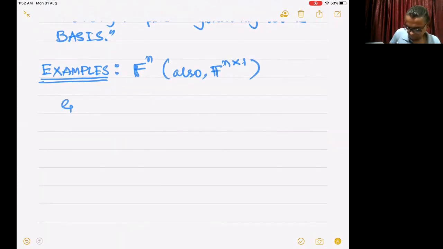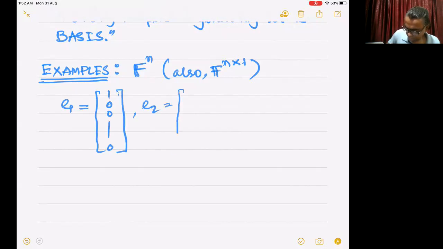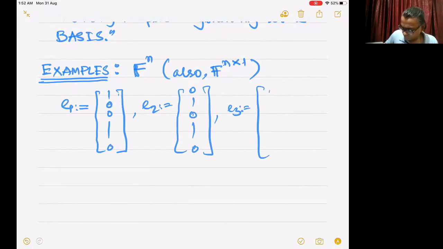Here, I say E1, which is 1 0 0, all zeros, E2, which is 0 1 0, all zeros, then E3, which is, so these are all by definition, 0 0 1 0 and all zeros, right?